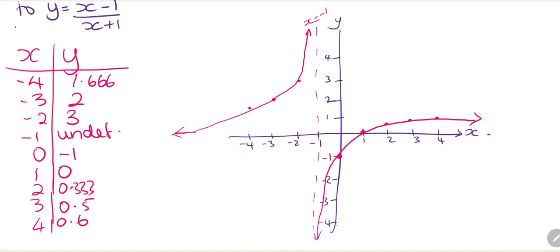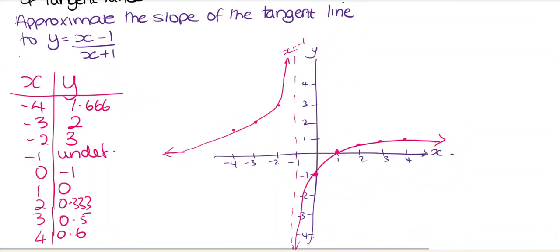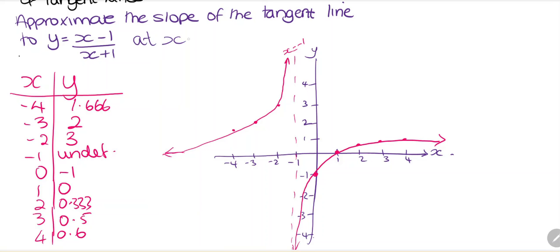So what do we need to do? It says approximate the slope of the tangent line. So we need to find a tangent line, and we're going to do this at x equal to 0.